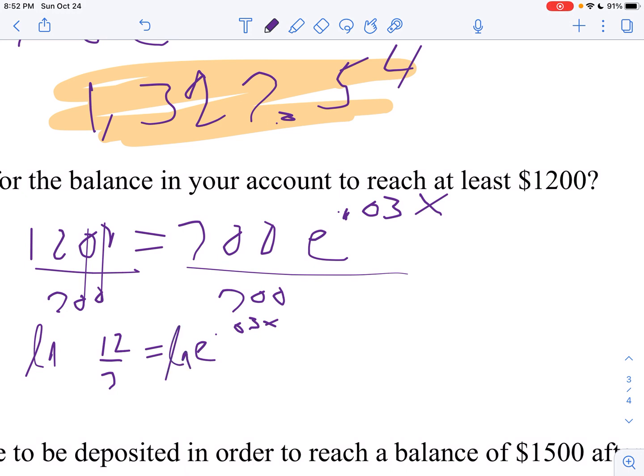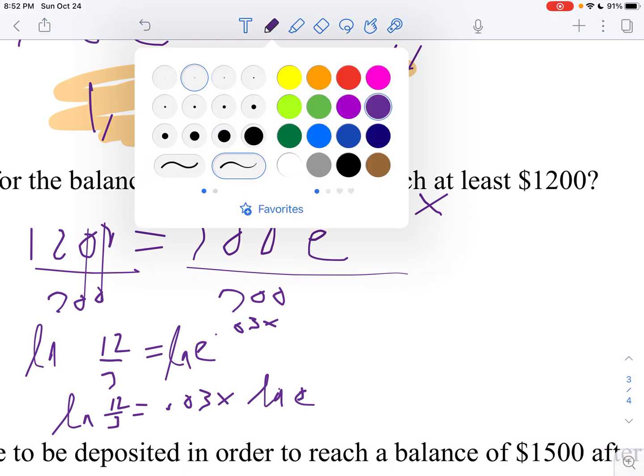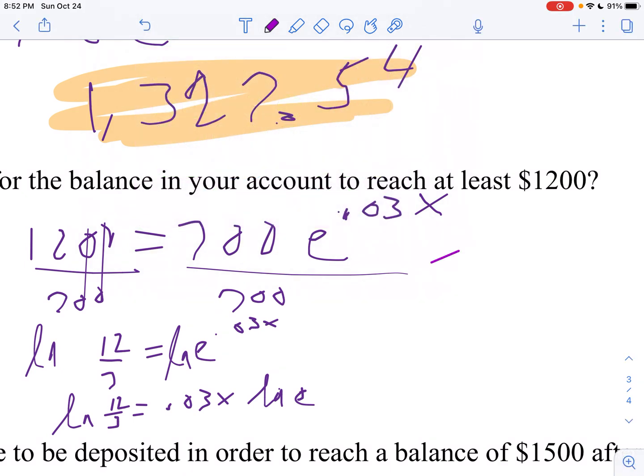So the natural logarithm of 12/7 equals 0.03t times the natural logarithm of e. The natural logarithm of e is 1, so the natural logarithm of 12/7 equals 0.03t. So we'll divide both sides by 0.03.